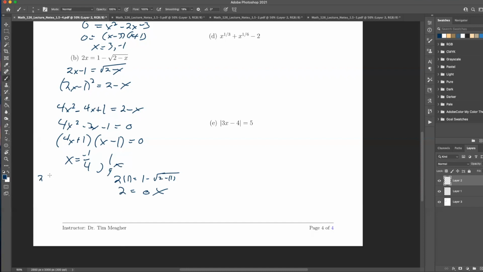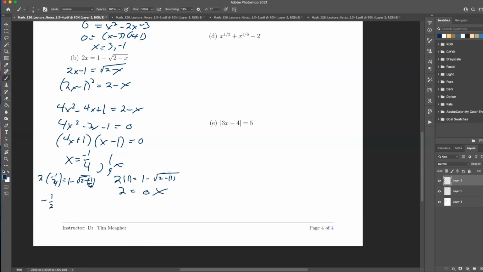Let's test the other one. I have 2 times negative a fourth equals 1 minus the square root of 2 minus negative a fourth. So this equals negative a half.